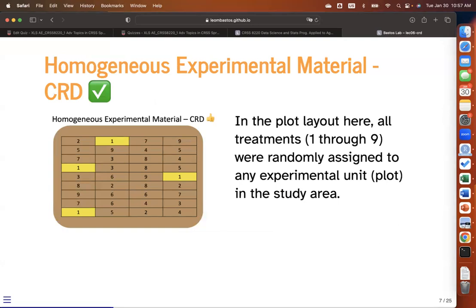So I'm not going to spend a lot of time here, but because we have homogeneous experimental material in this example, soil type, we can use a CRD, and it does not matter if the same treatment falls in every single column of this field, because it is all homogeneous, and because it was randomly assigned, we are making sure that our design allows us to estimate treatment means that are unbiased and the least variable possible.